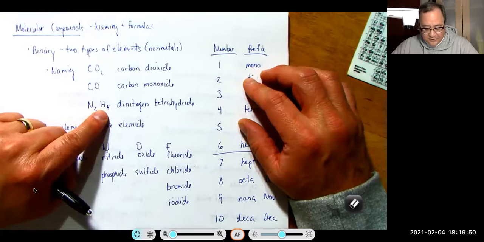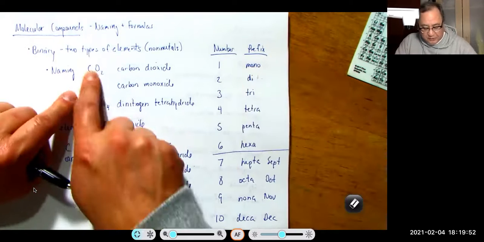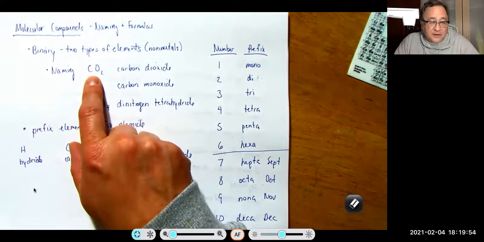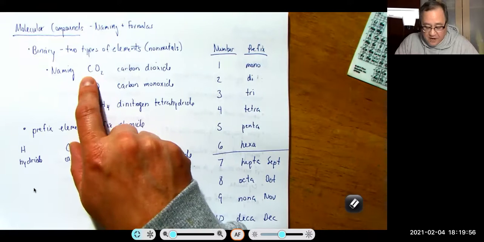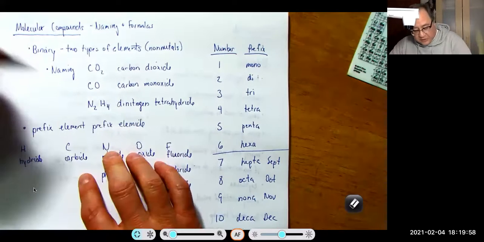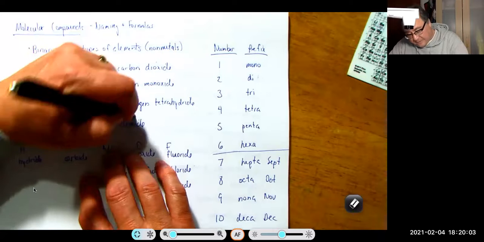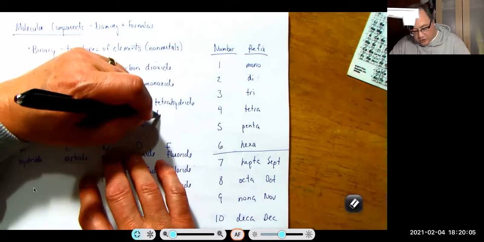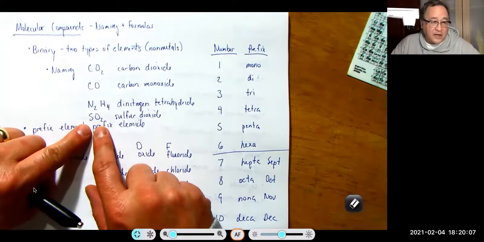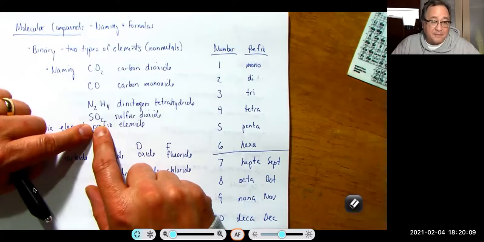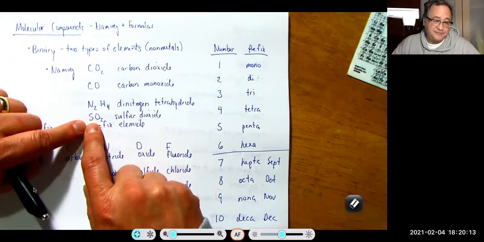And for the rest of them, usually you put the element to the left on the periodic table first. So carbon's to the left of oxygen, it goes first. Here's another one though. This is sulfur dioxide. If both elements are in the same group, you put the lower one in the group first.